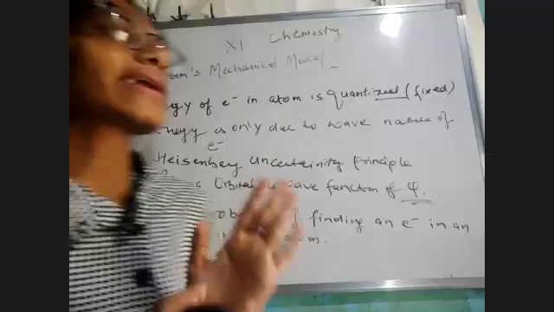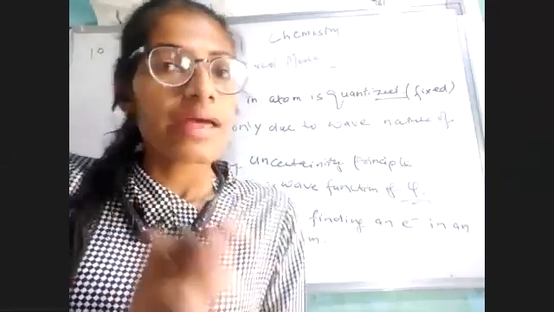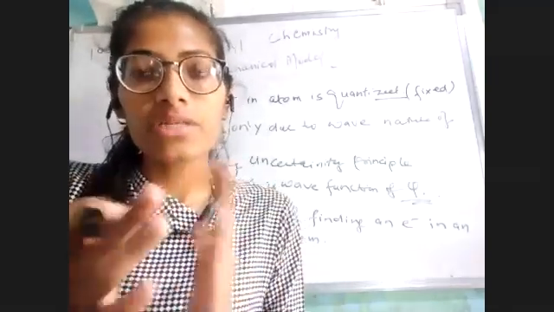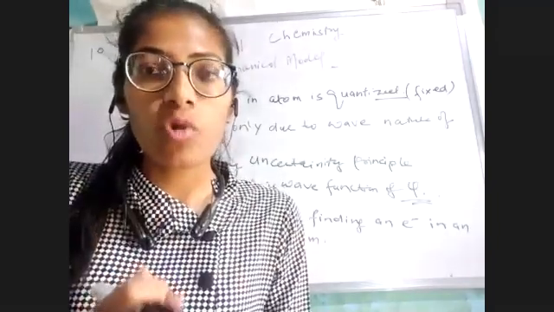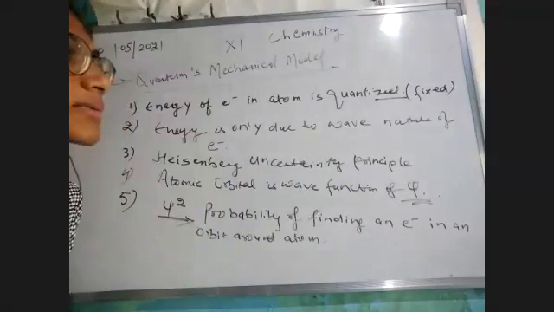Third, he told us that it is impossible to determine simultaneously the position as well as the velocity or the momentum of an electron. We have studied this topic in the Heisenberg uncertainty principle, so I have just written Heisenberg uncertainty principle.